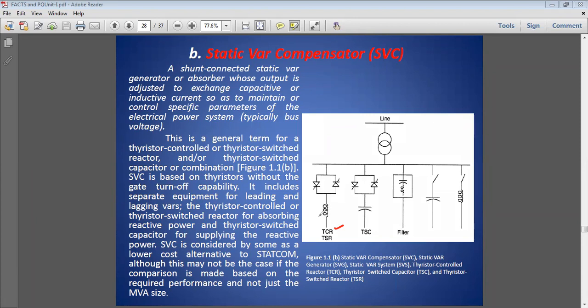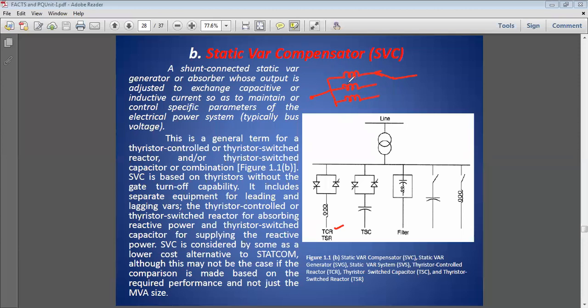we can control the reactance value in a smooth manner. And when it is possible to control the value of the reactor smoothly, it is called a thyristor controlled reactor. And when the reactor value is controlled in steps, just like a switch, say for example, this is one reactor, this is a second reactor, a third reactor, and it is controlled with the help of a selector switch, so the reactor value changes stepwise.